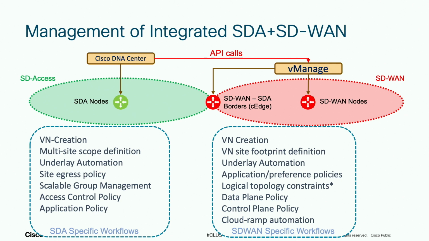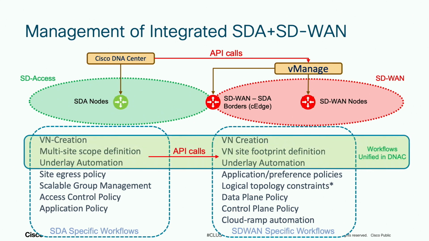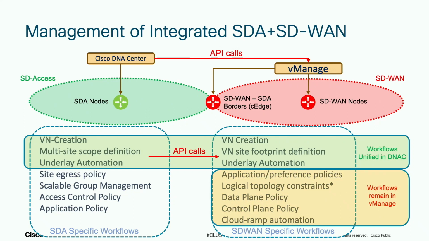And the same thing in the WAN, we have a series of things that we do like logical topologies that don't pertain to the end-to-end view. But there are some things that are common. So when I create a virtual network, I can create a virtual network that cuts across. I do it once. API calls trigger the behavior in the WAN. And I don't need to do it more than once. Okay? The workflows that aren't common remain within the domain controller.